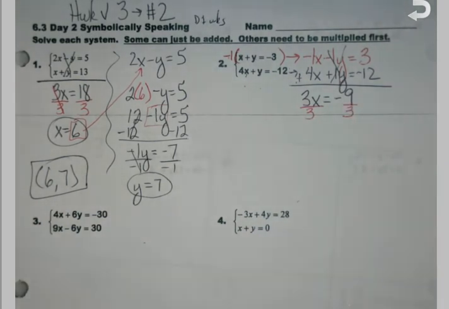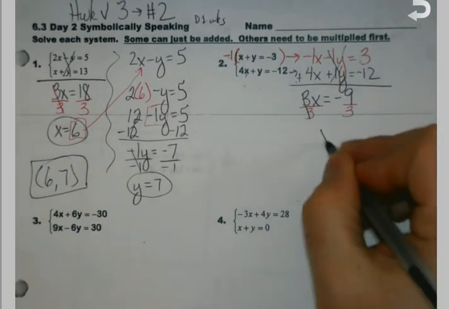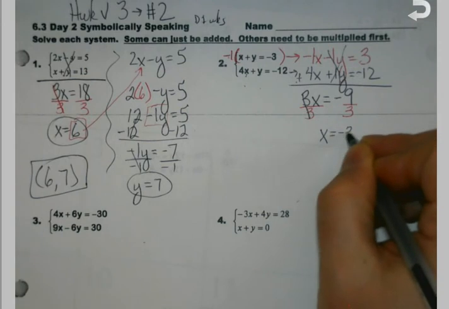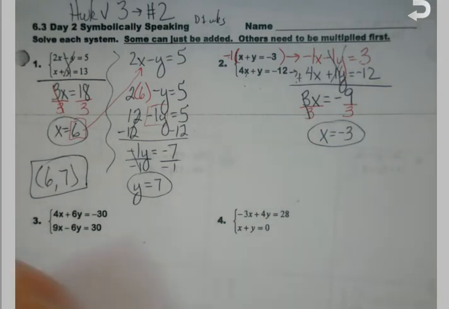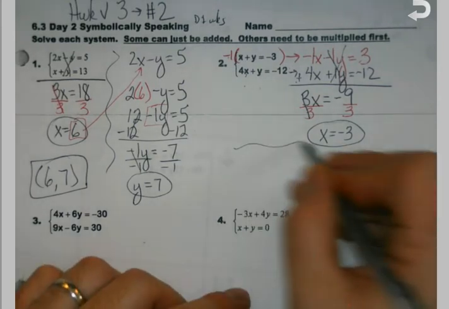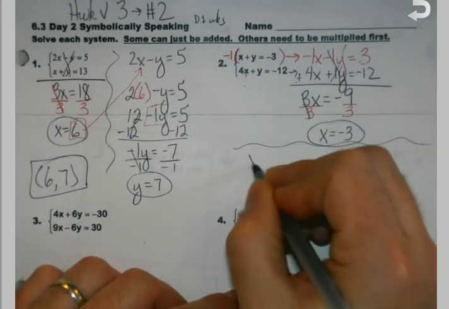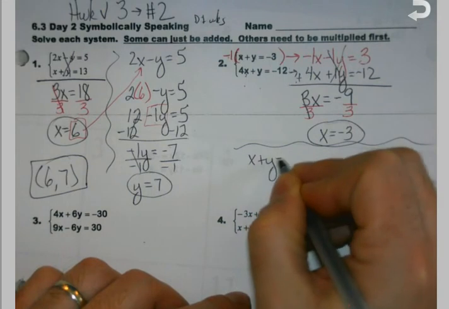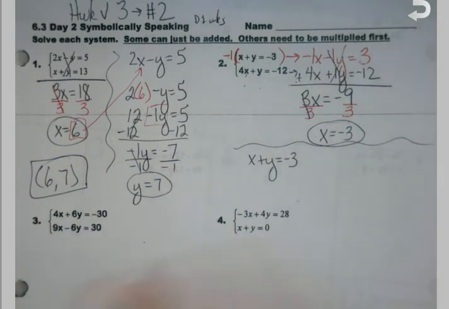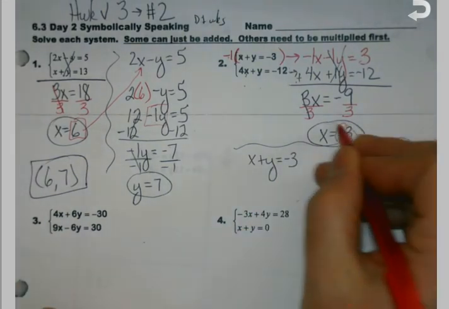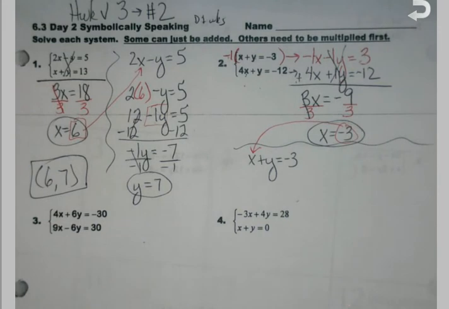One step to divide. Which gets me my answer for x. And like I said, there'll always be one step left after this. I'm going to take that very first equation. Plug that x in there.